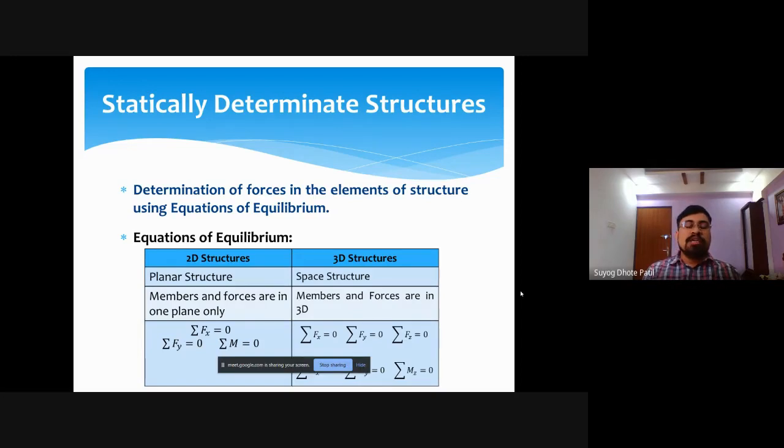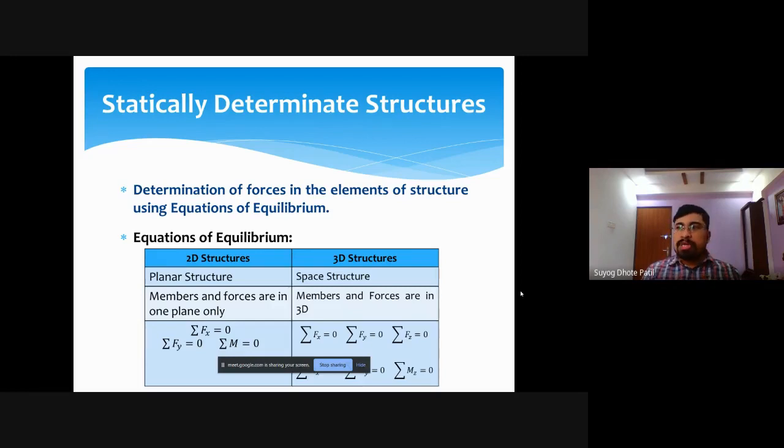If we consider a 2D structure, it is a planar structure: all members and all forces lie in a single plane. In that system we have three equilibrium equations.